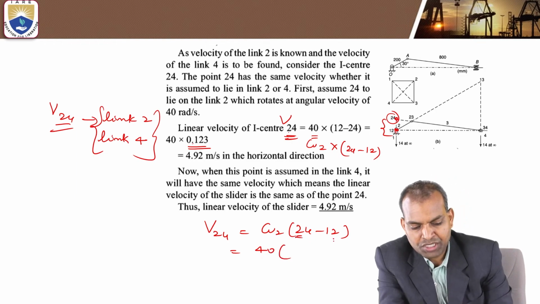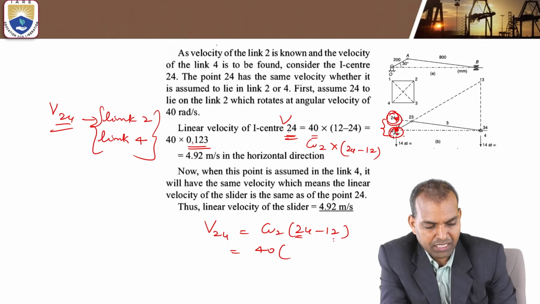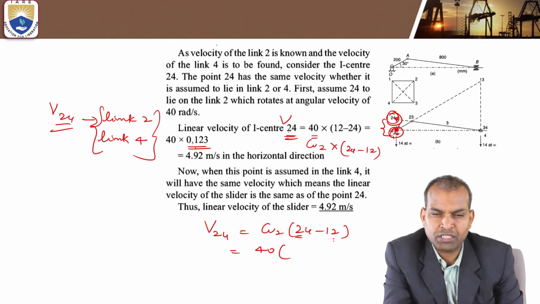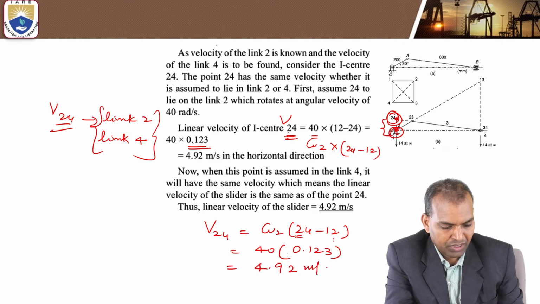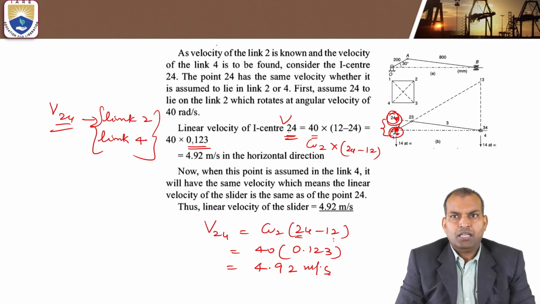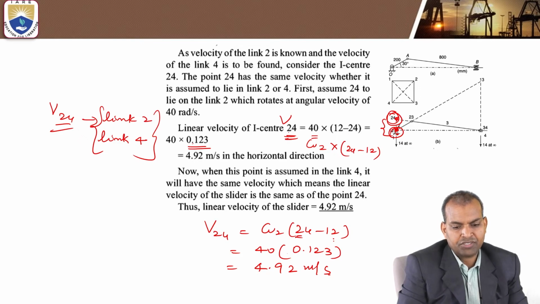You have to measure this distance, 24 to 12, with the help of the scale. That comes as 0.123 meters. Whatever distance comes, you mark it here, 0.123. Then the linear velocity is 4.92 meters per second, in the horizontal direction. That is the linear velocity.